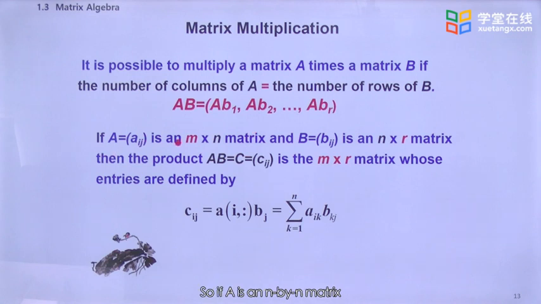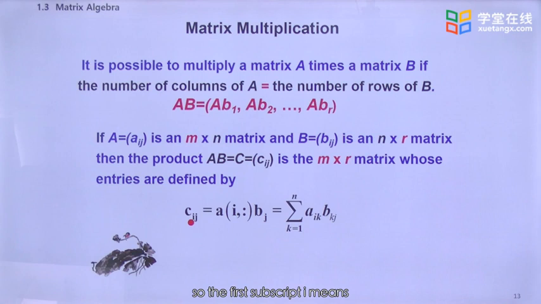So if A is an m by n matrix and B is an n by r matrix, then the product AB equals a new matrix C, with representative entry Cij, which is an m by r matrix whose entries are defined in this way. Cij just equals the ith row of A times the column vector Bj. See?